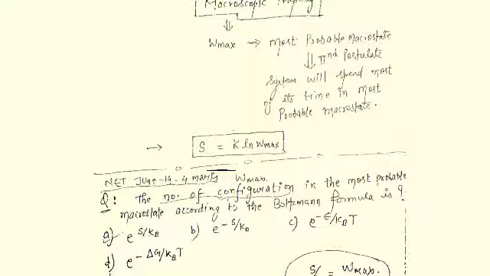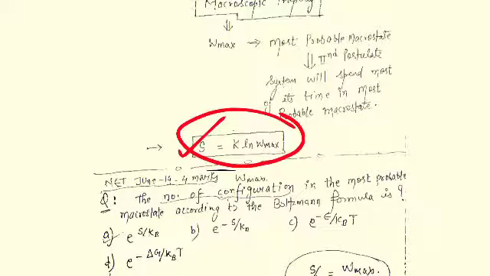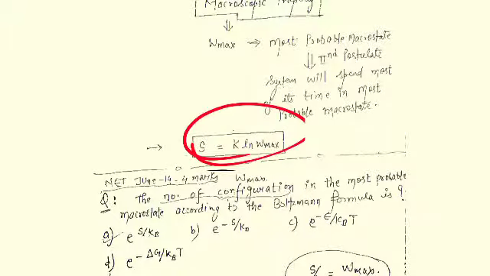According to the second postulate, the property average, that is the entropy, equals the time average. Why W max? Because W max is where the particle spends most of its time. So we have generalized this formula, and it is a very important formula, try to mug it up right now: S equals k ln W max.